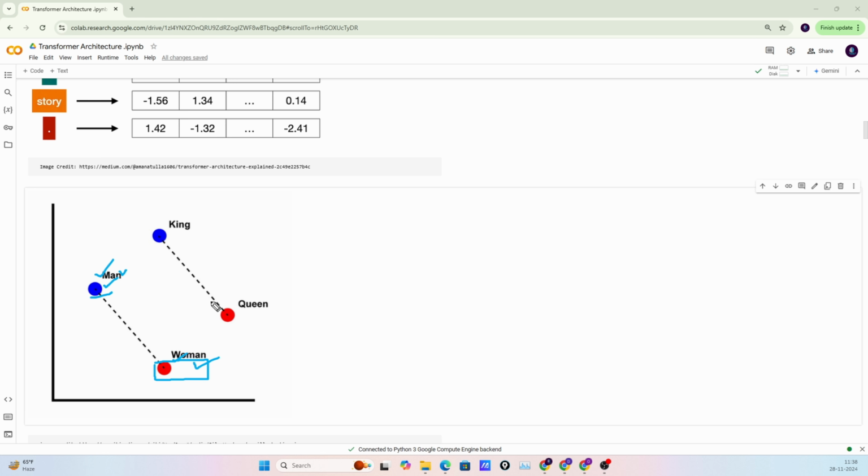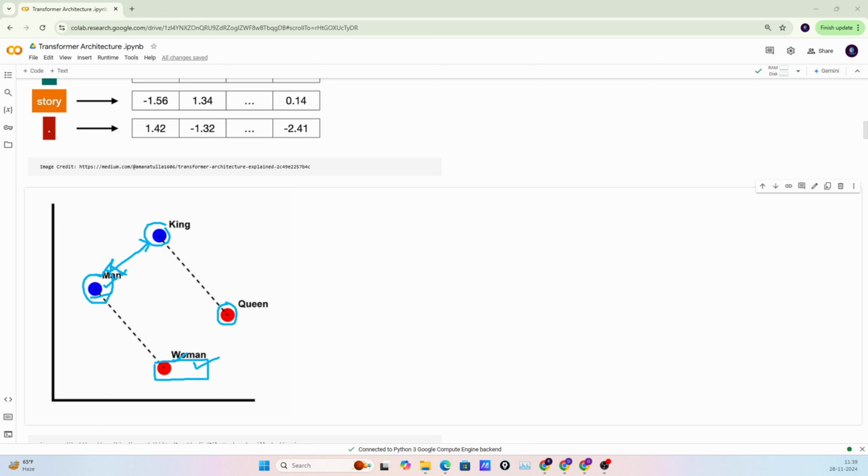Similarly the queen vector, king vector, all the vectors have the same dimension. And if we calculate the similarity between the vectors, related words would be statistically similar, with less distance compared to unrelated words or words from some other domain.